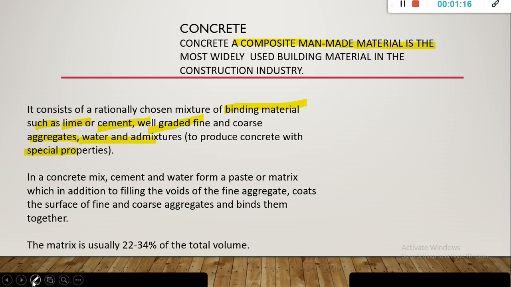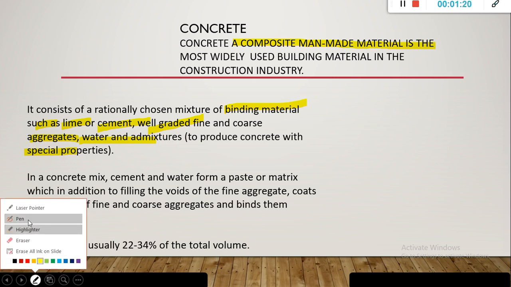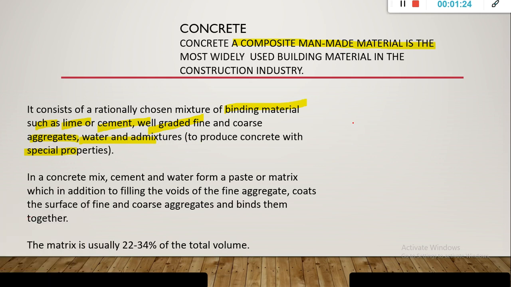So amak jodi kunbai hude what is the definition of concrete? Concrete is a mixture of lime. If it is a mixture of lime, lime law tar logot we are adding fine aggregate.